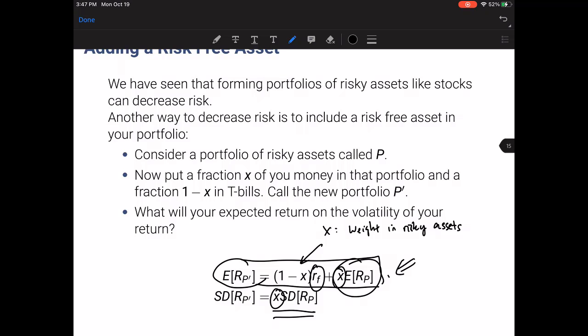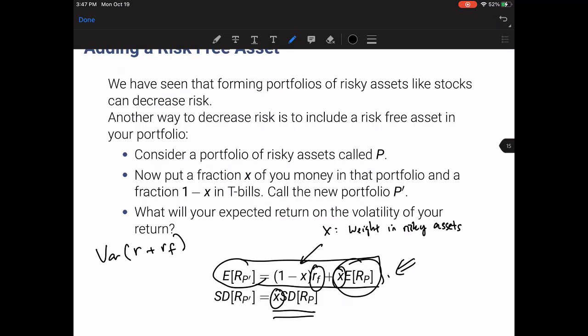Okay, so it should be clear what this looks like, right? So let me clarify what I said with the properties of variance. Remember that if we have a random variable, let's not use x, let's call it r plus rf.